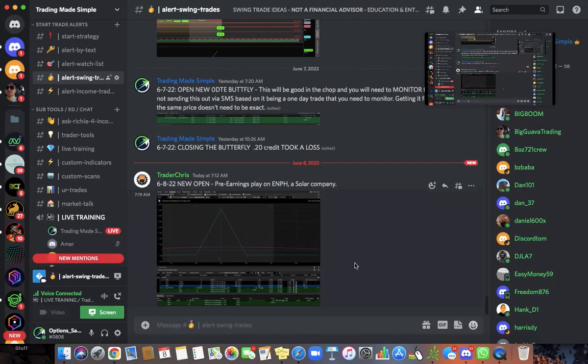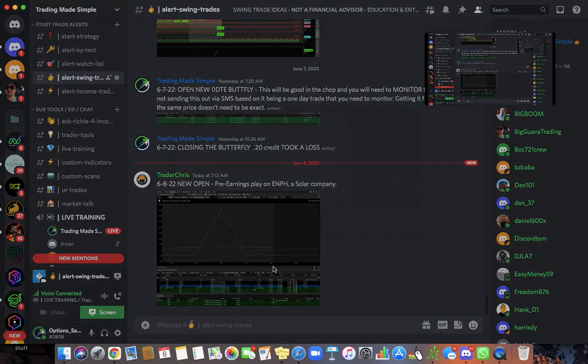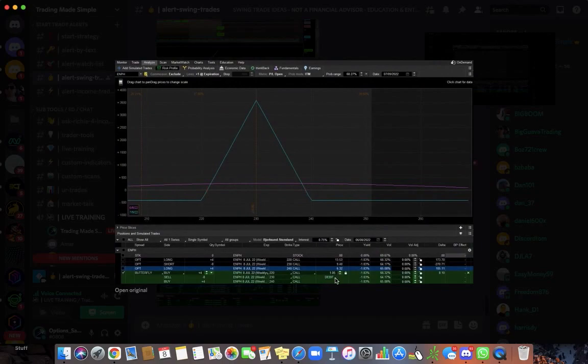It's a directional play, but it's also a time allotted play. So you can always take a look at how much a person paid for the butterfly and get in approximately. It doesn't have to be the exact same. As an example, this afternoon it could be $1.50 and it would still be a good deal based on that $940 call.